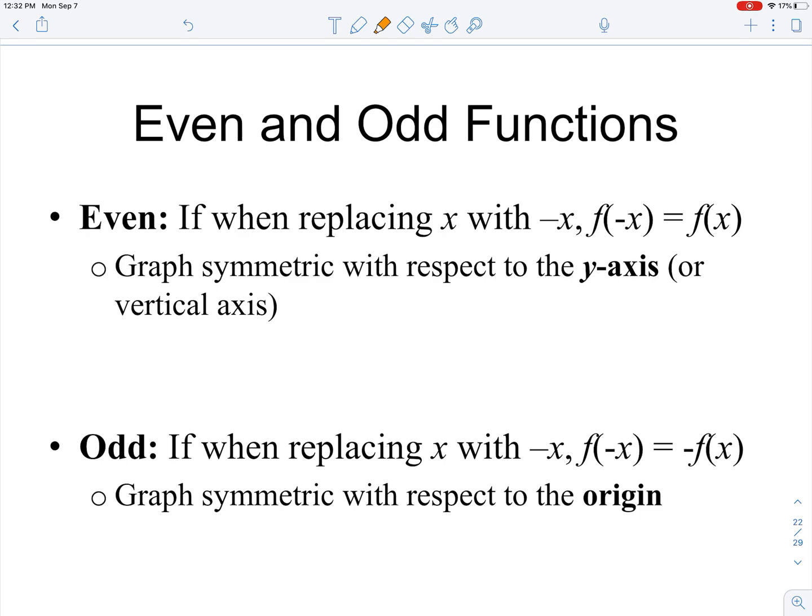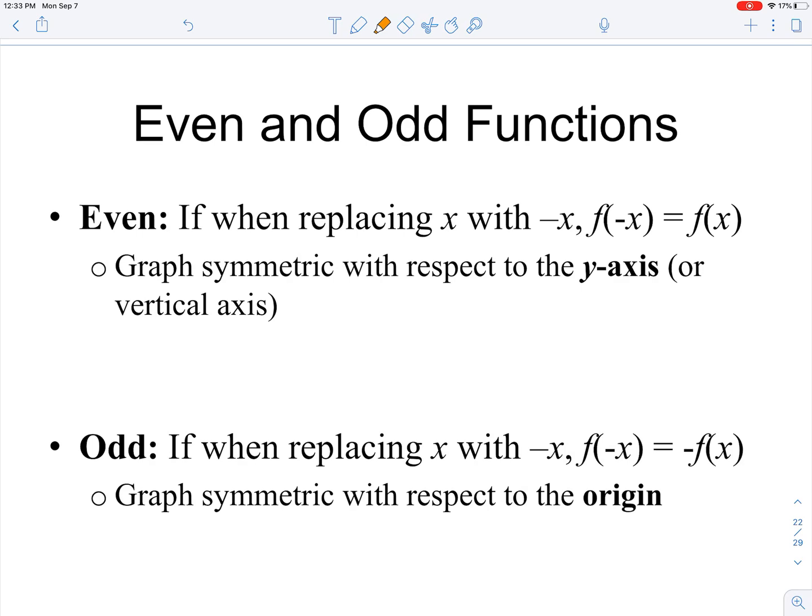What that does is it's almost like forcing a horizontal reflection of the graph, because you're taking the opposite of all the values in the domain. So when you replace x with negative x, you're forcing a horizontal reflection, and then you want to simplify the equation to see what it simplifies to.